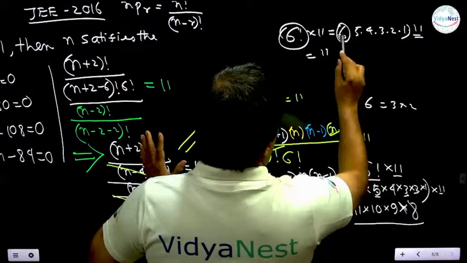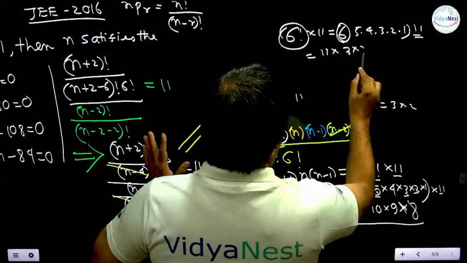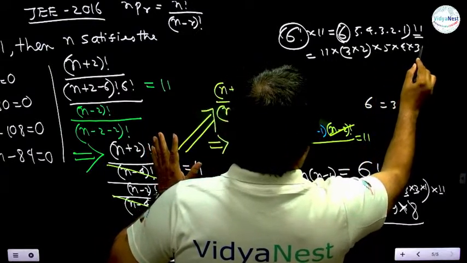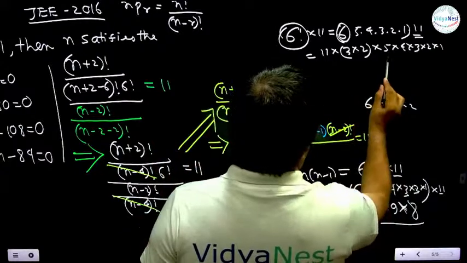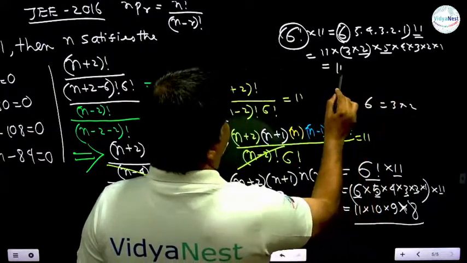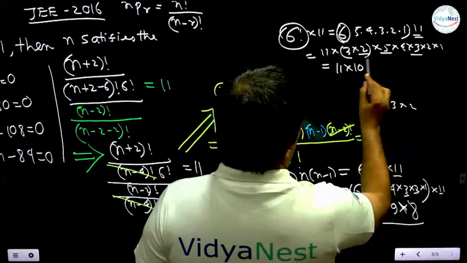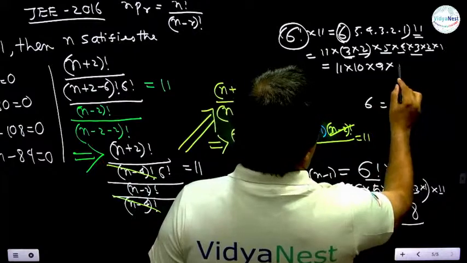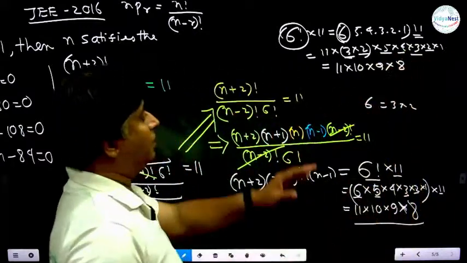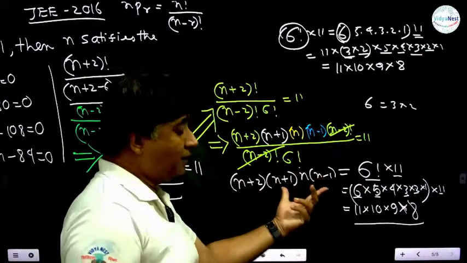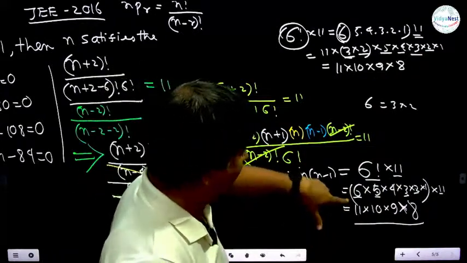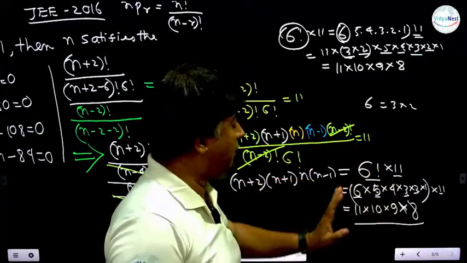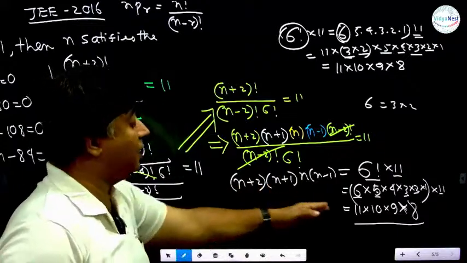Then 6 is broken into 3 into 2, into 5, 4, 3, 2, 1. Now with 5 I multiply these 2: 11 into 10. With this 3 I can multiply this 3, 9. With this 4 I can multiply this thing, 8, and at the end 1 is left. So like the left hand side, I have got the product of 4 consecutive numbers in descending order, so we can compare the like terms.